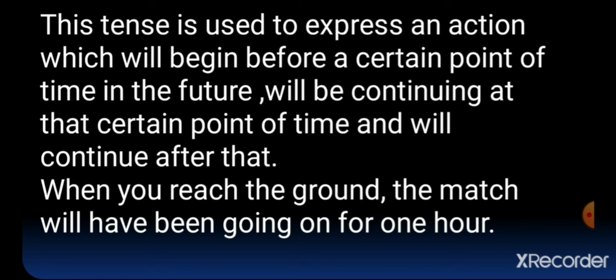It means, students, the match will begin 1 hour before you reach and will still be in progress at the time of your reaching there, and will continue even after your arrival. Okay students, remember these all points while using future perfect continuous tense.